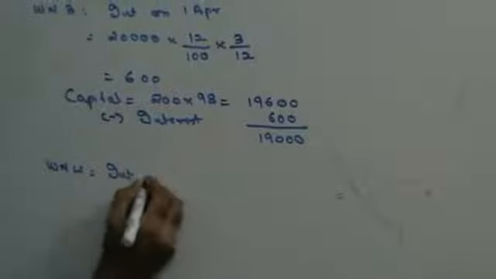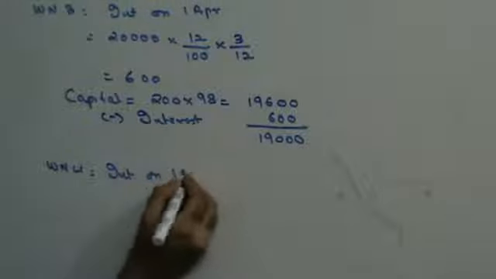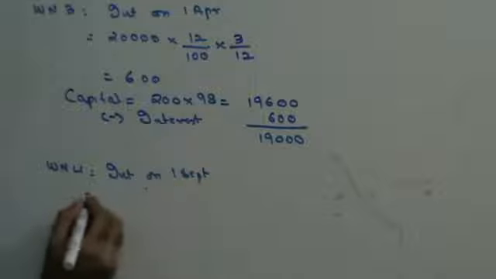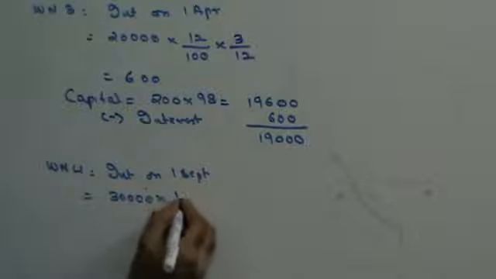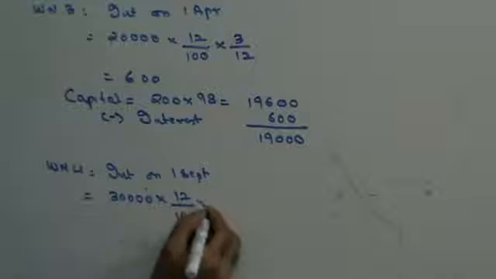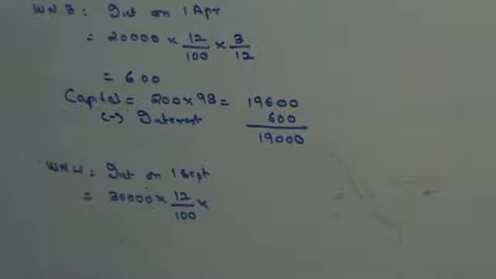Working note 4. Interest on 1st September. You have debentures of 30,000 face value and these are 12% debentures from 31st December to 1st September.